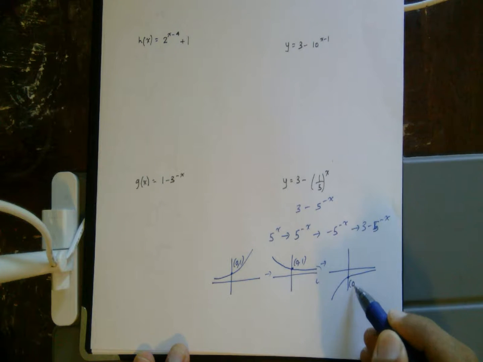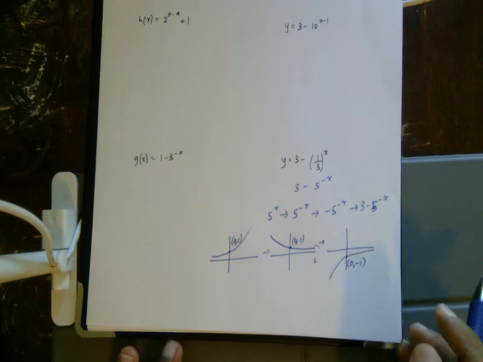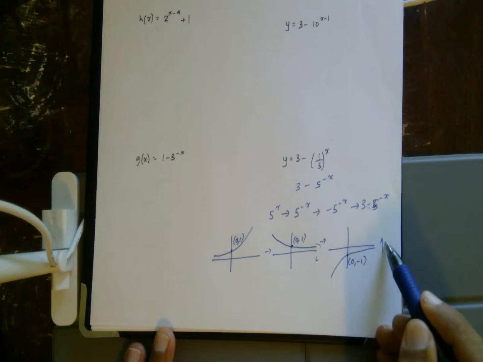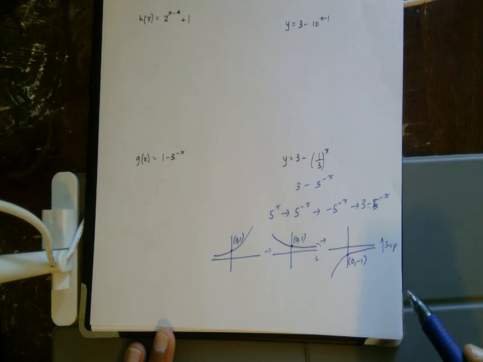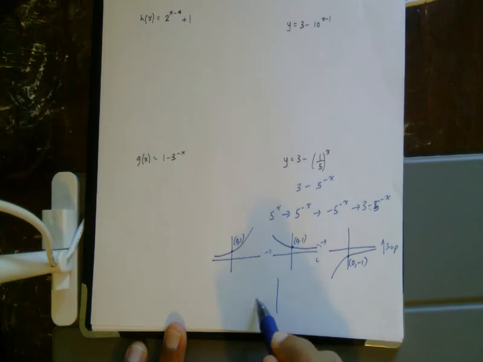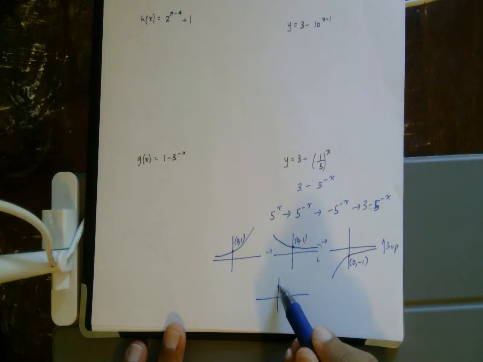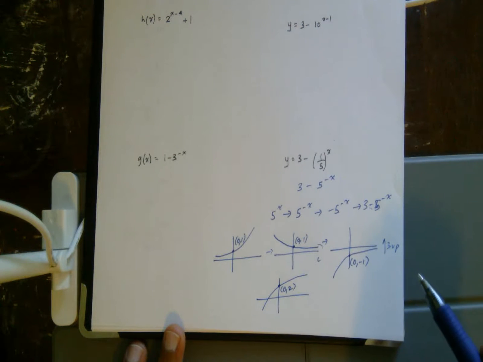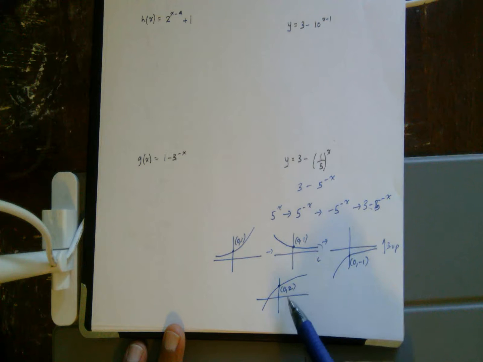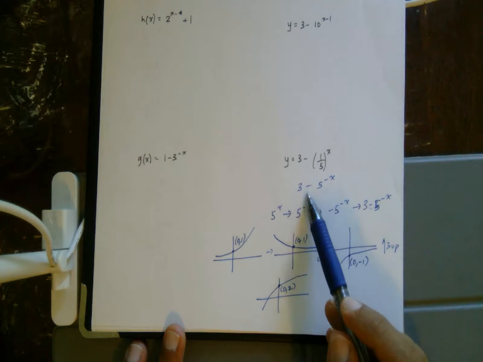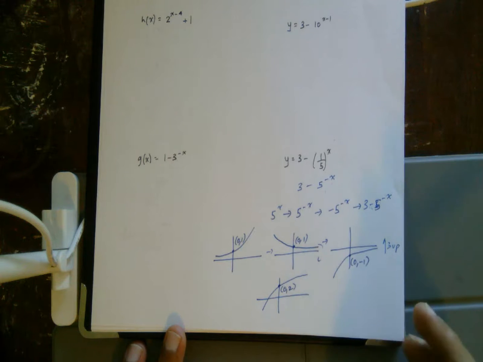So this will be (0, -1). And now I'm adding 3 to the output, meaning I'm going to move this 3 up. If I move this 3 up, the negative 1 becomes 2. And I still have this shape, so it's (0, 2). And you can verify when x is 0, this is 5 to the power 0, which is 1, and 3 minus 1 is 2. So you end up with this plot.